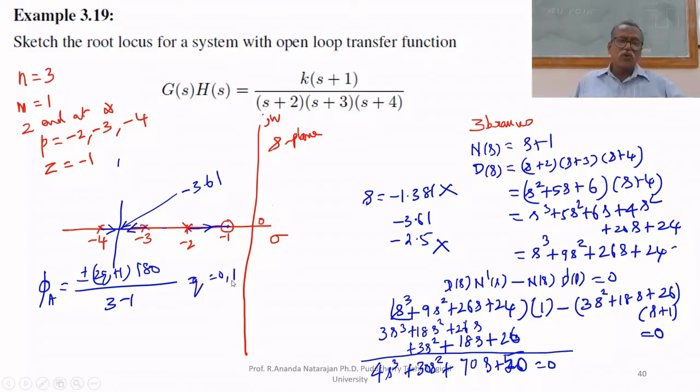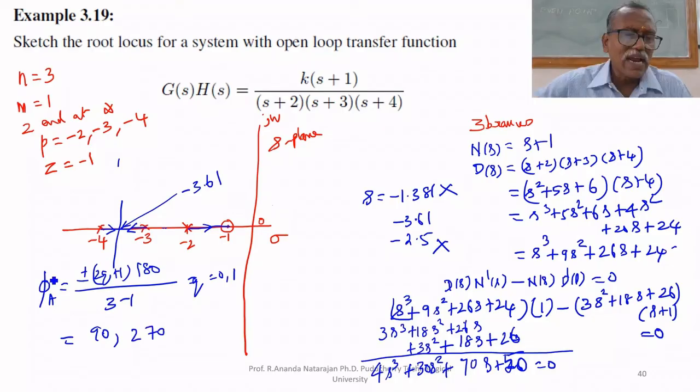Q equal to 0 gives 180 divided by 2, which is 90. One angle is 90, another one is 270.